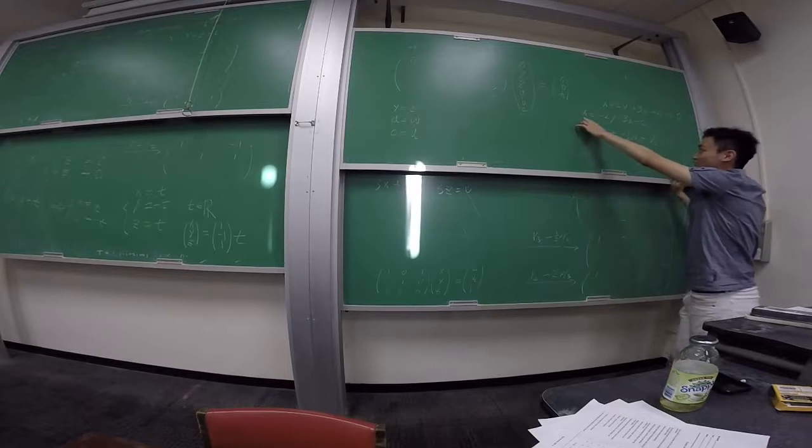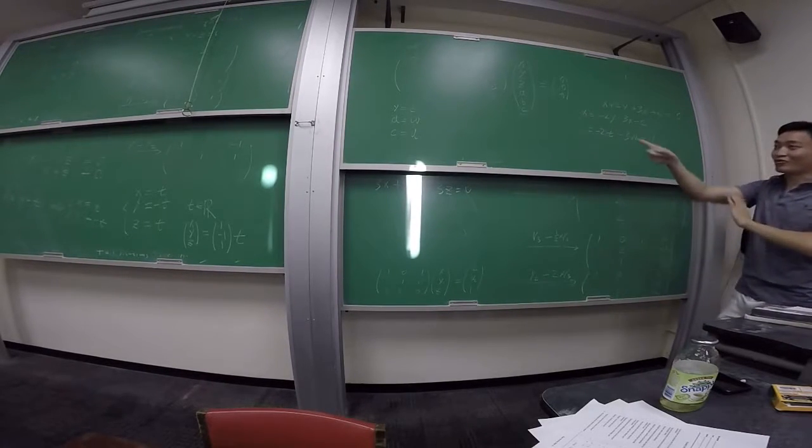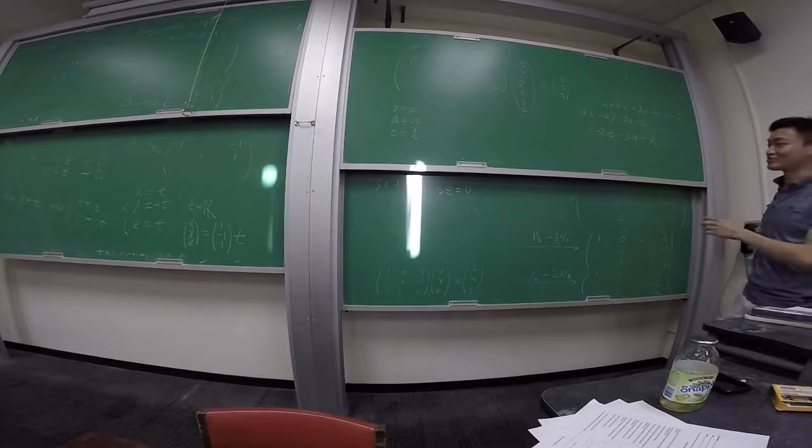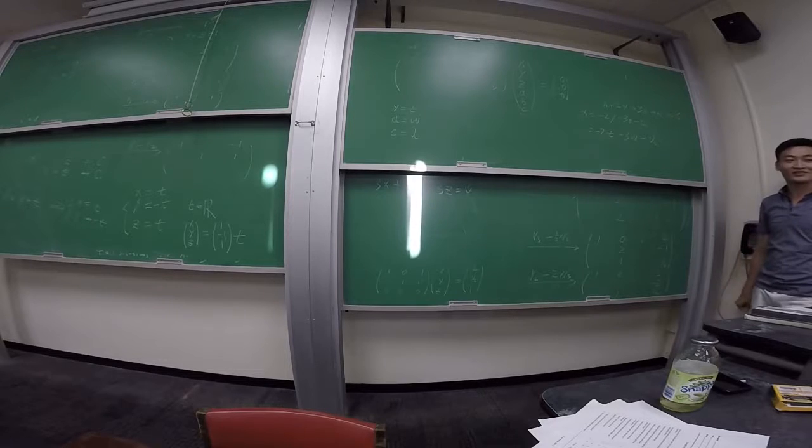So you can express x as a linear combination of free variables, and because I already assigned each free variable a parameter, x is equal to negative 2y minus 3a minus c, equal to negative 2t minus 3w minus u.